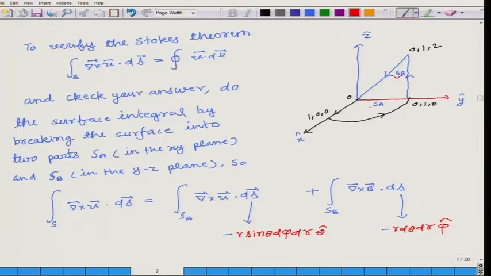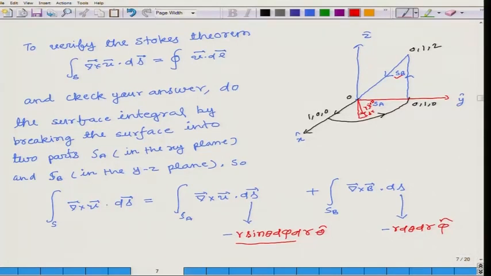Just keep in mind that in the xy plane your surface element is r sin theta, because in this plane this is just r sin theta, then you increase it by dr, and your surface element is just this one. This is your r sin theta d phi.